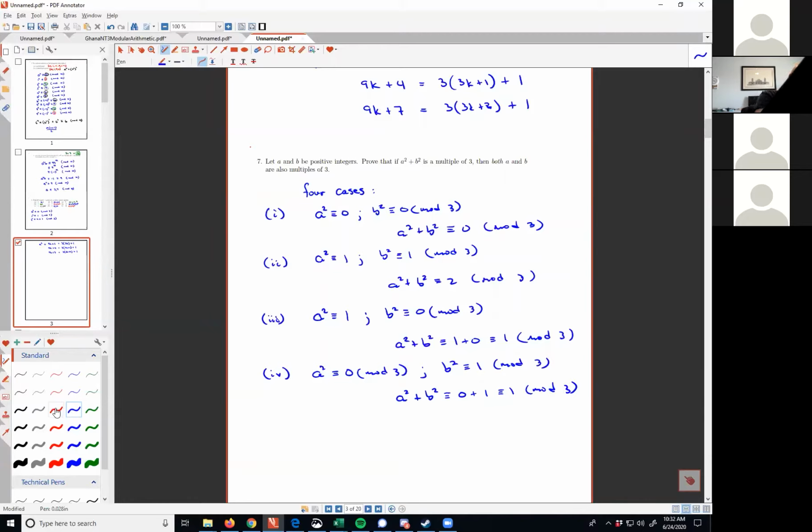So we see that in only one of these 4 cases do we wind up with a sum of squares having no remainder when we divide by 3. So it is a multiple of 3. That's the only case. And in that case, a squared and b squared are congruent to 0 mod 3. How does that help us prove the proposition?